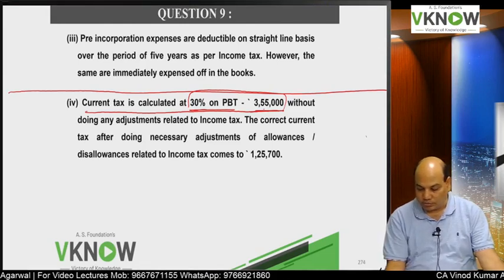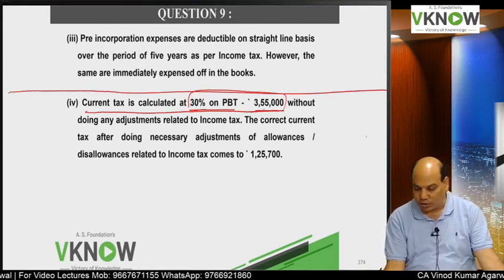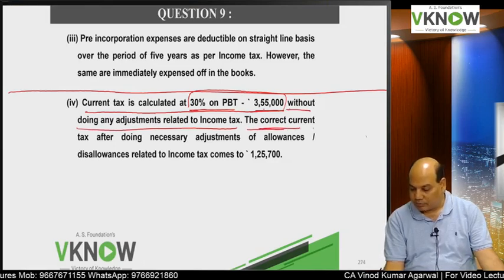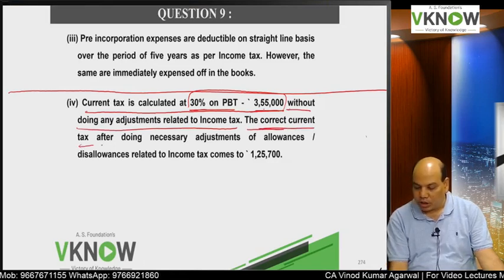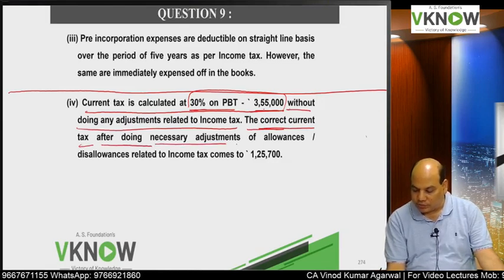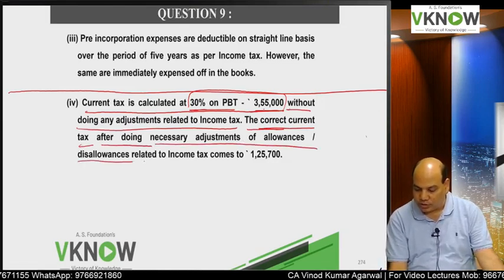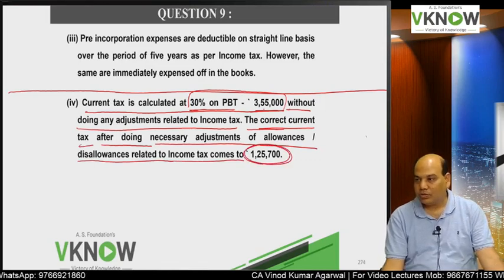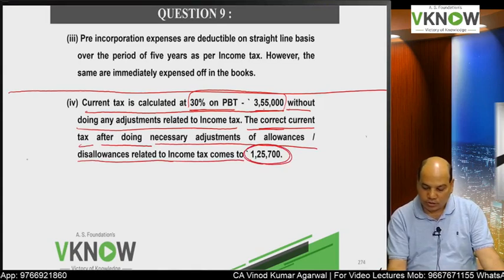But there is a problem. This calculation is wrong. Why? Without doing any adjustment relating to income tax, the correct current tax, after doing the necessary adjustment of allowance and disallowance relating to income tax, comes to 125,700. So say thank you.